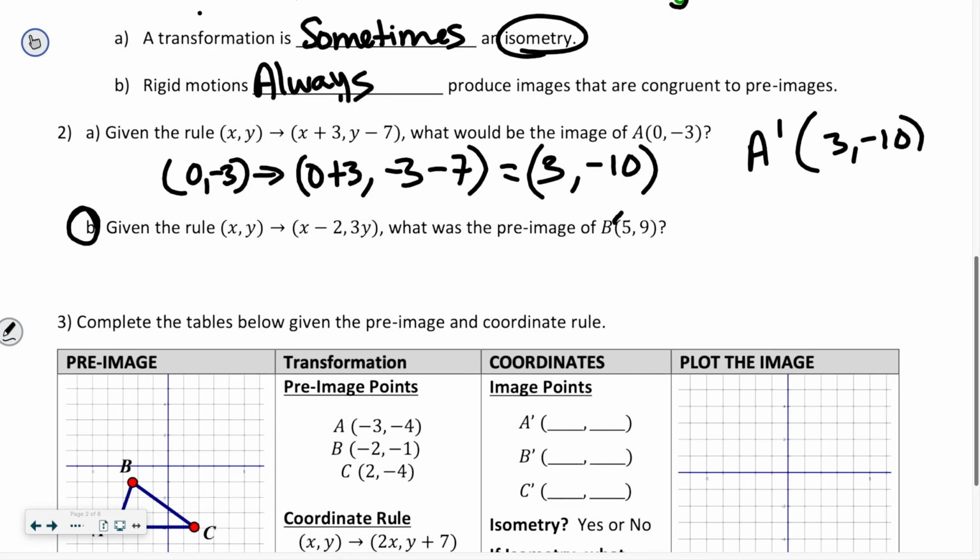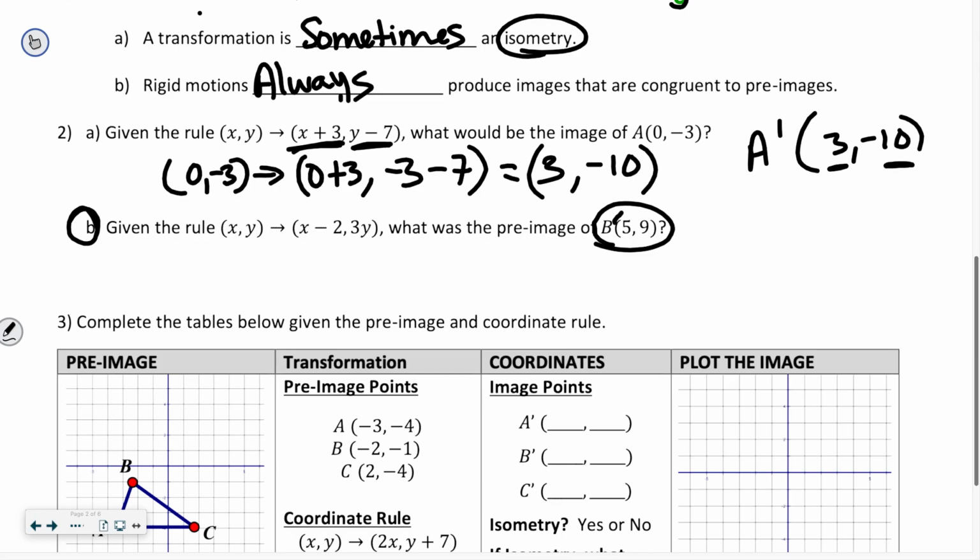So this time when we say, okay, I have my image, what is my pre-image? Notice that in this case, x plus 3 gave me the 3, and y minus 7, that's the thing that gave me the 10.